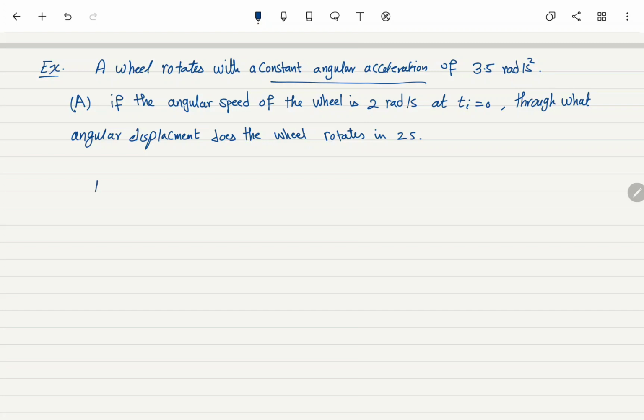So delta theta equals theta final minus theta initial, equals omega initial t plus half alpha t square, which equals 2 rad per second times 2 seconds plus half times 3.5 times 2 square, which equals 11 rad.